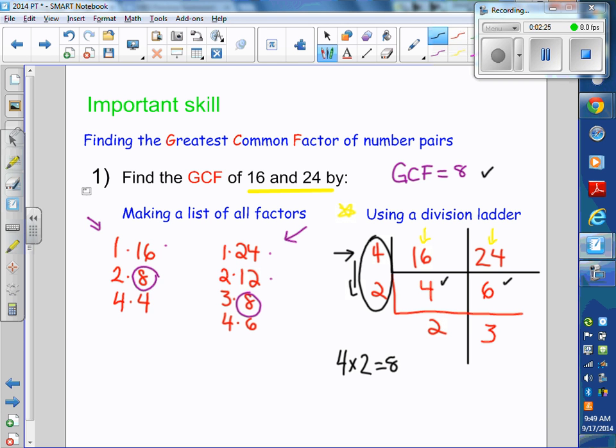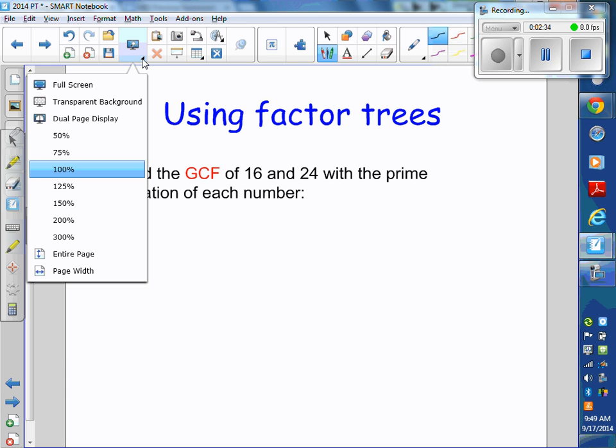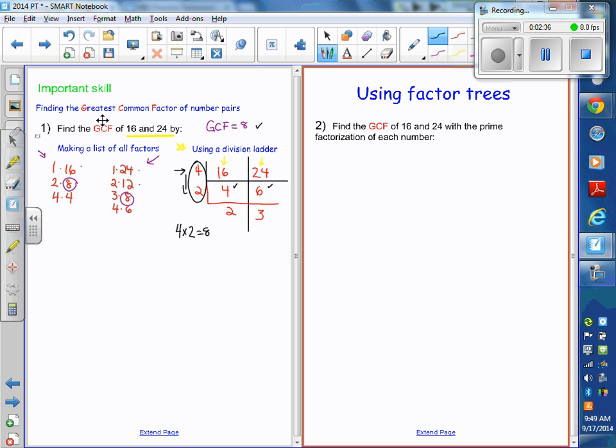So today's goal is to teach you how to use prime factorization to do this. And even though it's a little more difficult of a method, it works for 3 numbers all the time. But first, just to show you the method, I'm going to do the exact same problem with 16 and 24 by creating a factor tree. So 4 times 4 is 16.